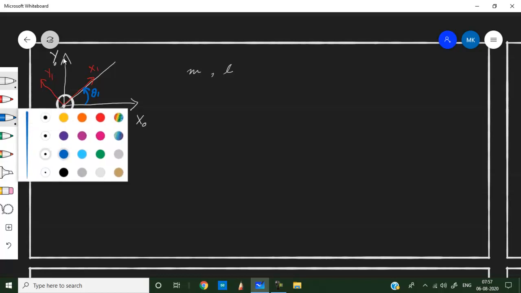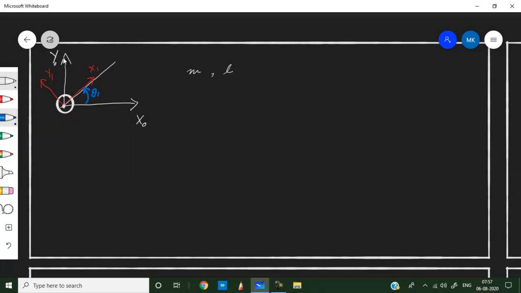All right, so we'll derive the equation of motion using the Euler-Lagrange, or Lagrange method, or the energy method. In that case, we know that we need to find the function L, which is the Lagrangian, which is nothing but the total kinetic energy of the system minus the total potential energy of the system.